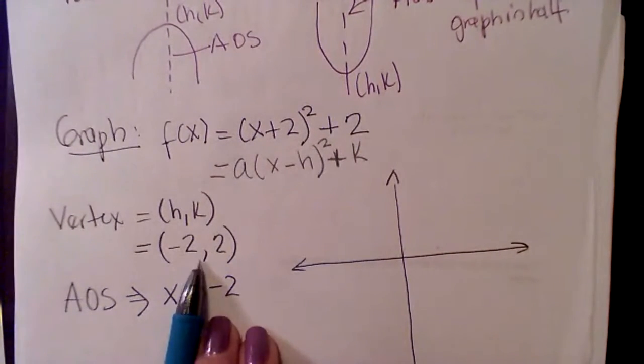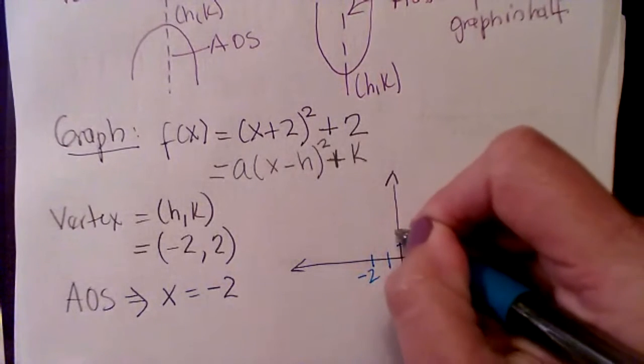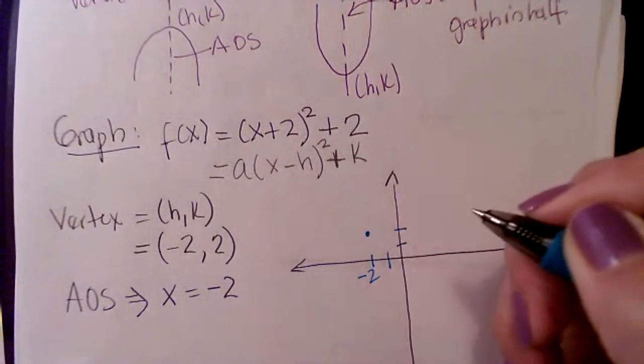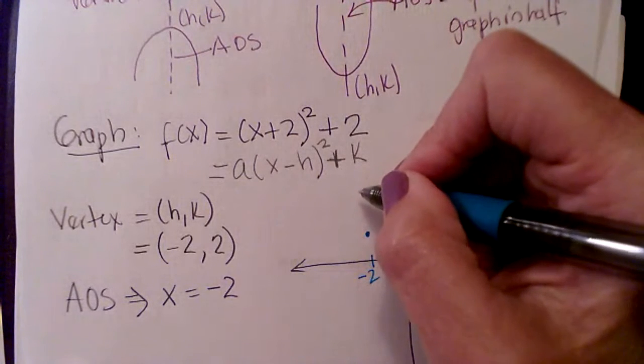So now let's do the graph. Let's locate negative 2 comma 2: 1, 2, 1, 2. Okay?